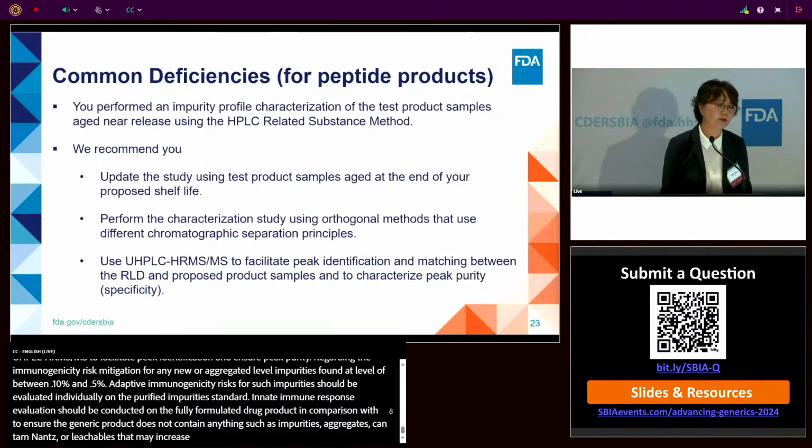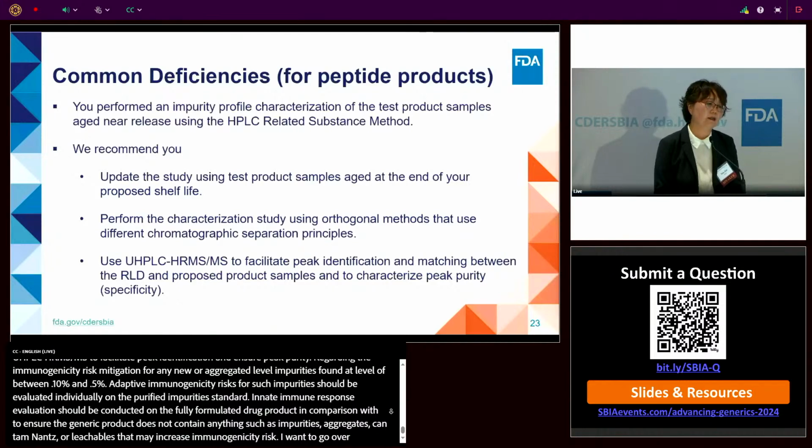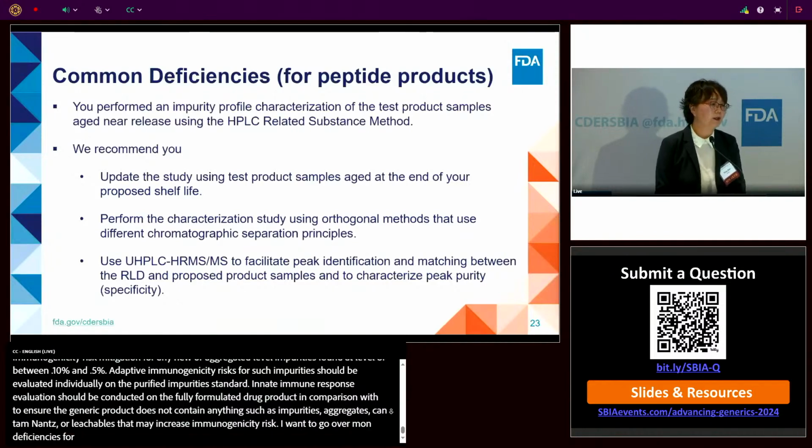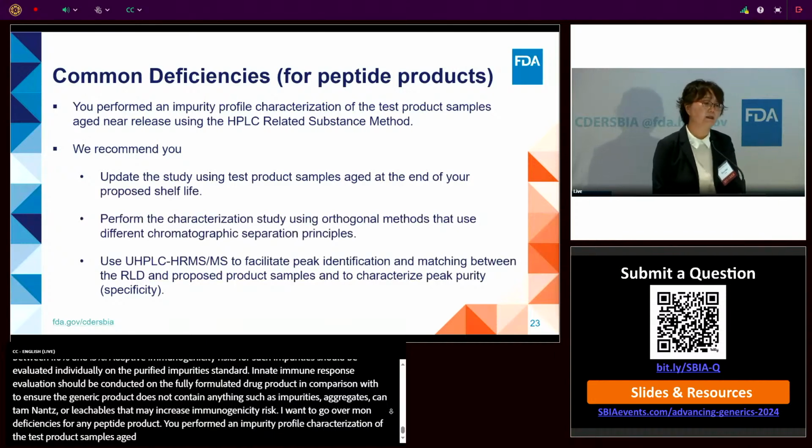Next, I want to go over some common deficiencies for any peptide products. The first example, the firm performed an impurity profile characterization of the test product samples aged near release using the HPLC-related substance method.